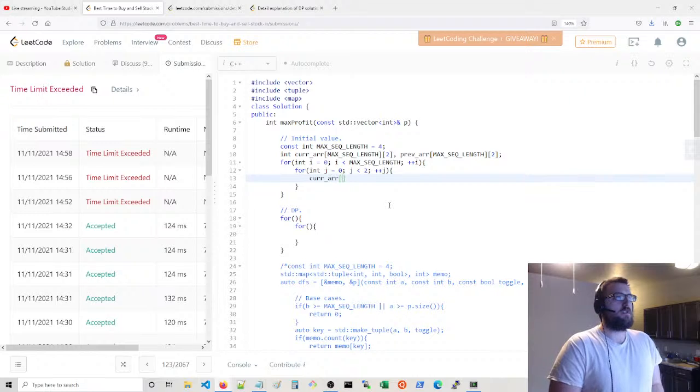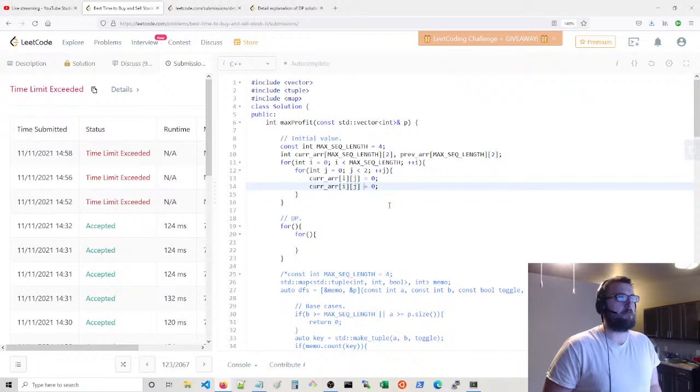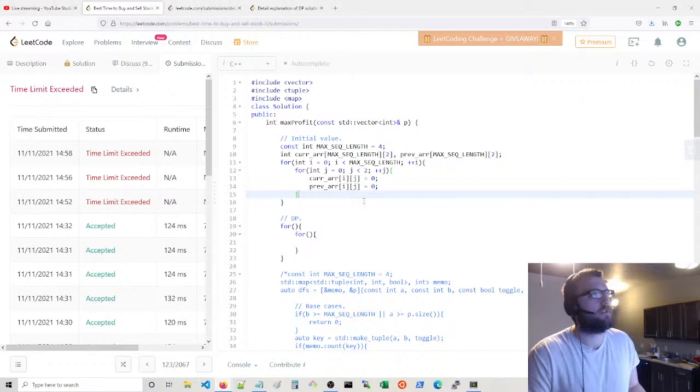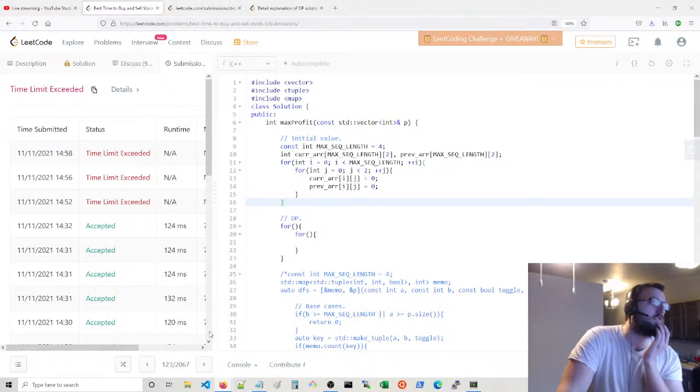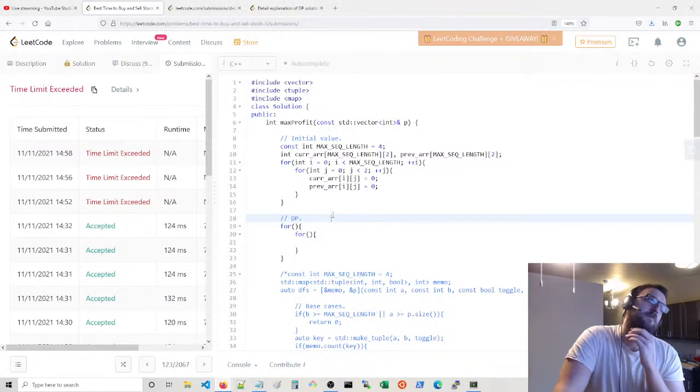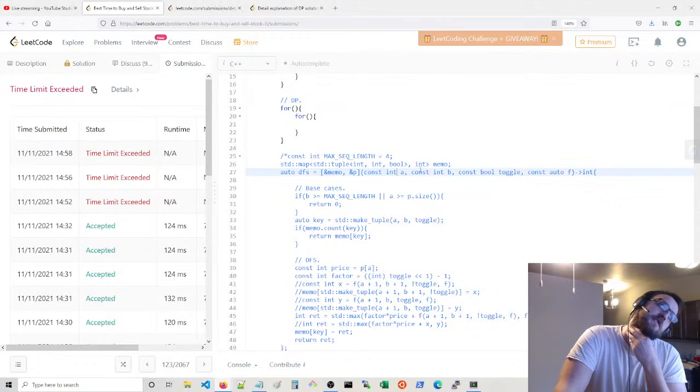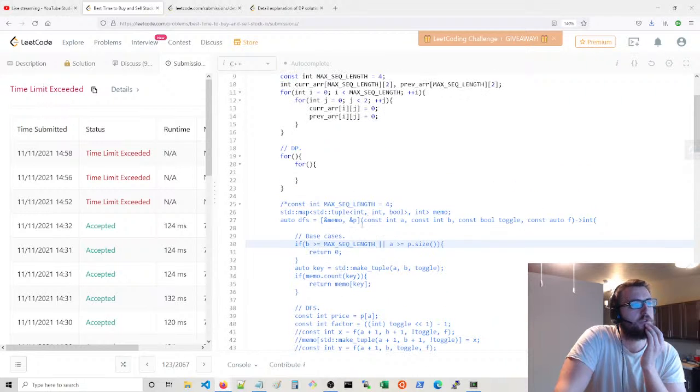Current array of i, j is 0, so initialize both of these at 0. I think that's fine. Thinking there's something we want to do with these arrays before we begin. So these are just going to be B and toggle, and we say they're all 0 initially, right?